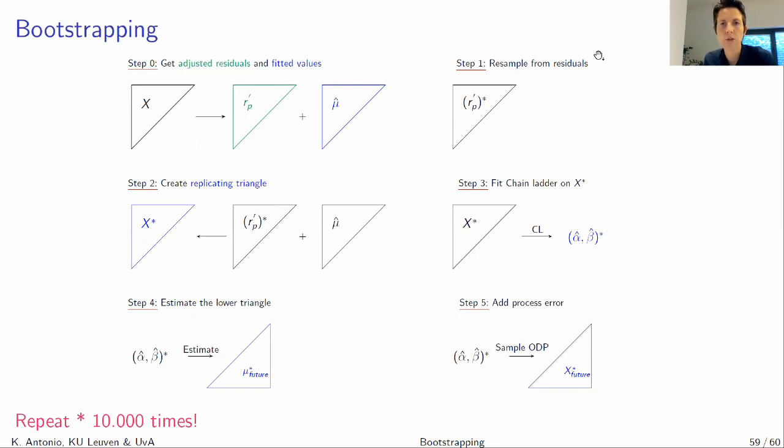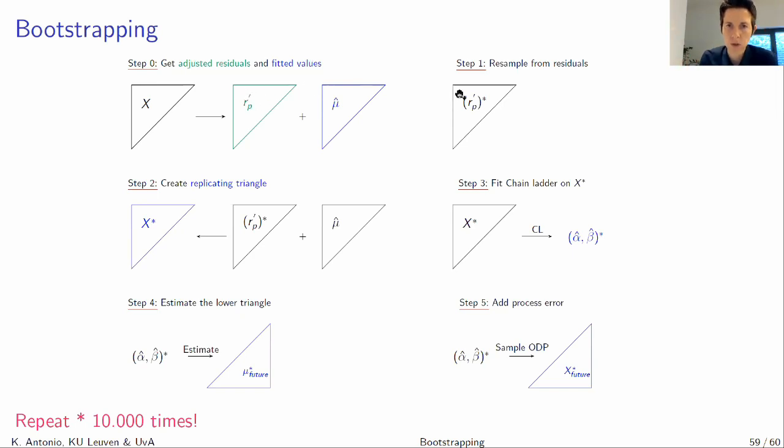So how are we going to do that? Well, I should read from step 0 to step 1 and not immediately to step 2. We take all the residuals, put them in a basket, and draw with replacement. We sample with replacement from these residuals. That's where the bootstrap idea is coming in.